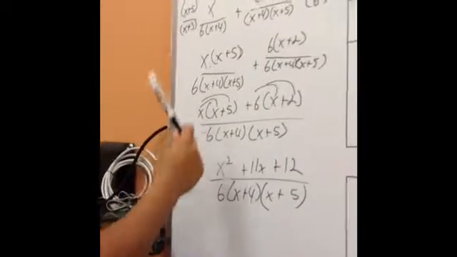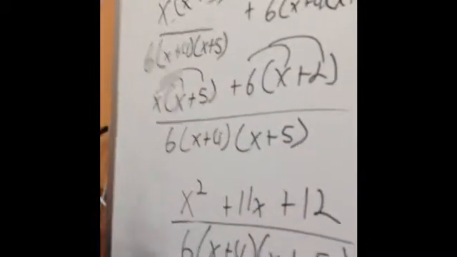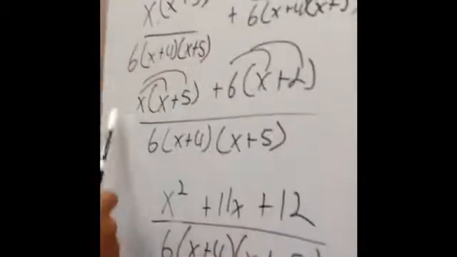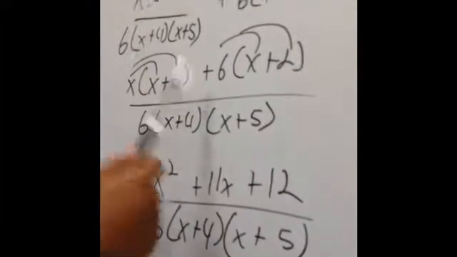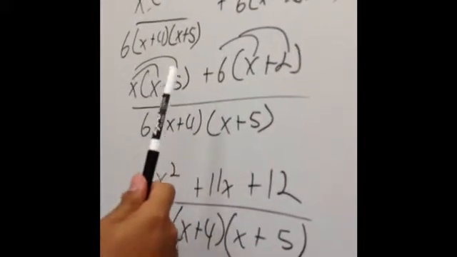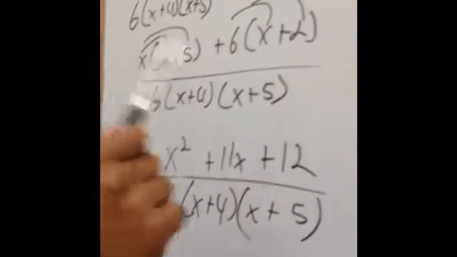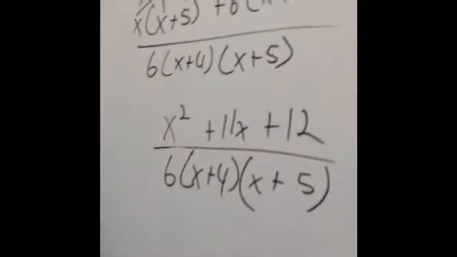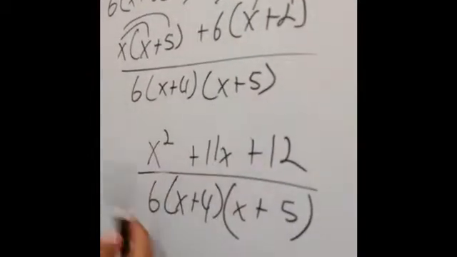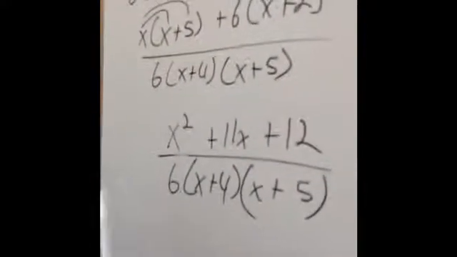So after that, we get this, and then we put this into one big equation, which is going to be x times (x + 5), plus, make sure you put that plus sign, 6 times (x + 2), all over 6 times (x + 4) times (x + 5). So for this one, we have to distribute. After distributing, we get x squared + 11x + 12 all over 6 times (x + 4) times (x + 5).